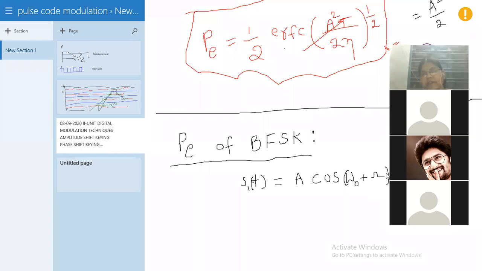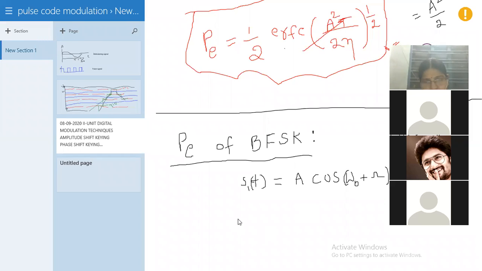Okay, S1 of t is A into cos of omega naught plus small omega, that is the frequency. We write this as omega h t, so omega h is equal to omega naught plus small omega. This is for plus 1 volt, that is logic 1.